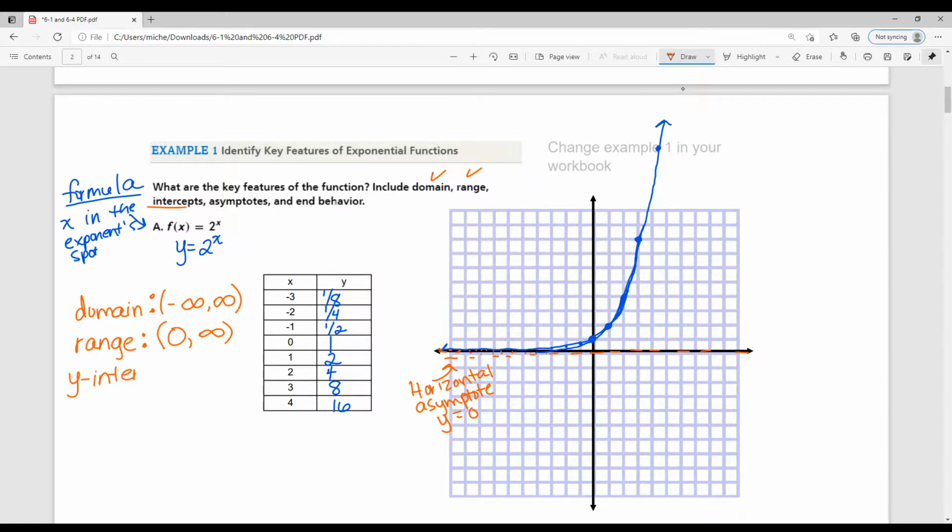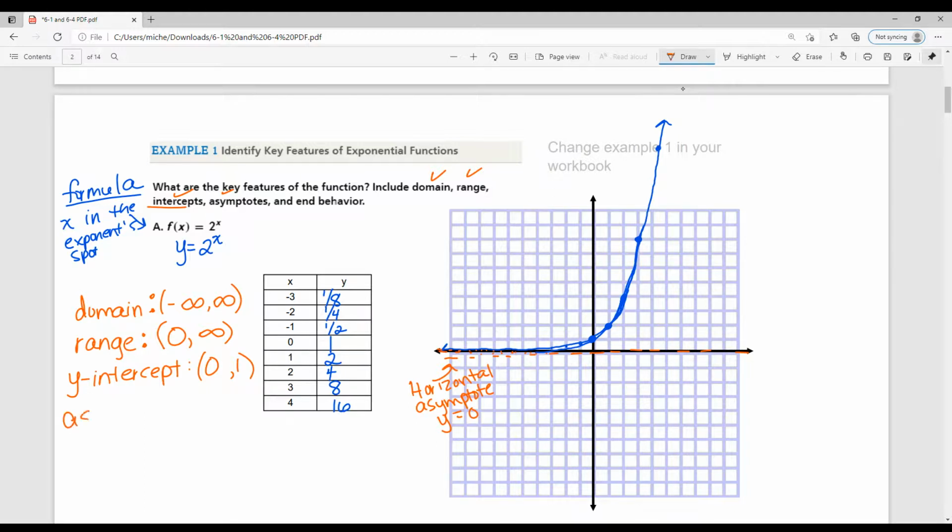All right, let's see the y-intercept. The y-intercept is whenever the x is 0. So when x is 0, y is 1. And then asymptotes, there's an asymptote at y equals 0. And in behavior, what is happening on the right side and what is happening on the left side.